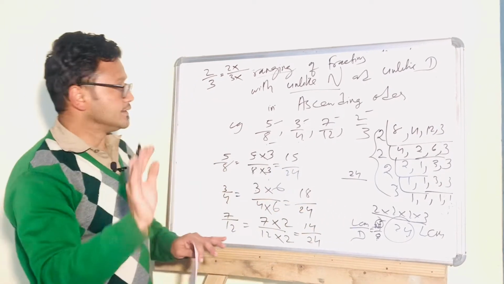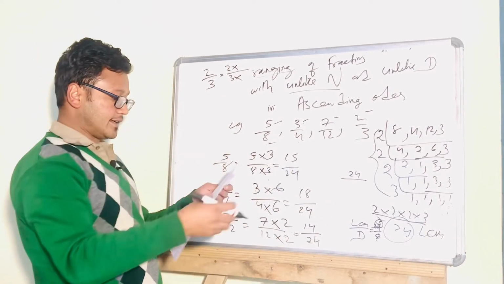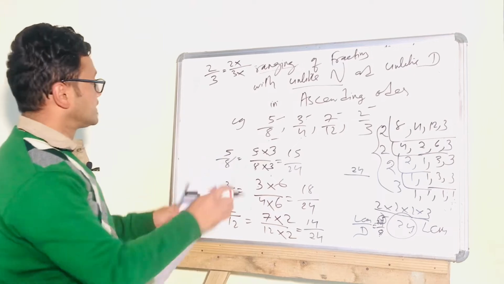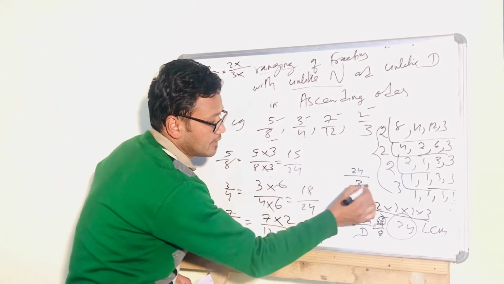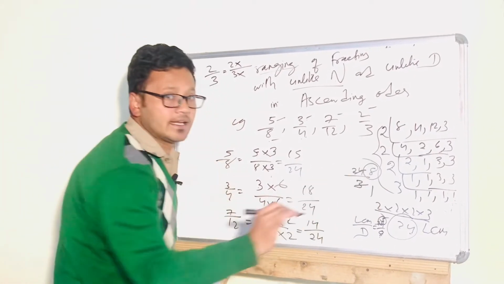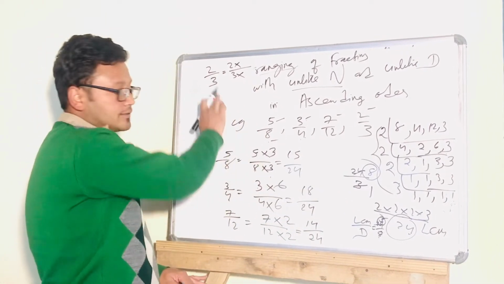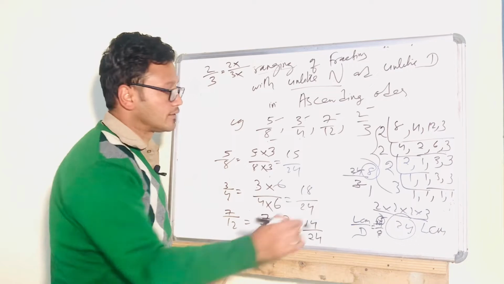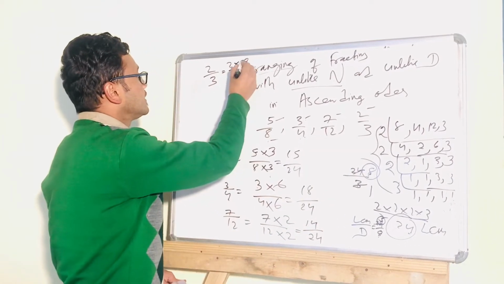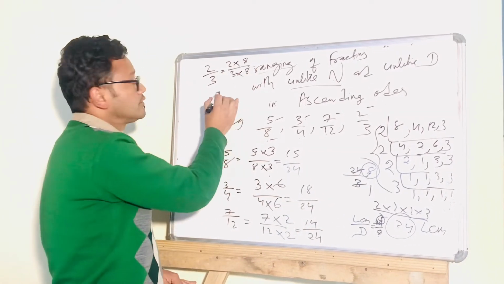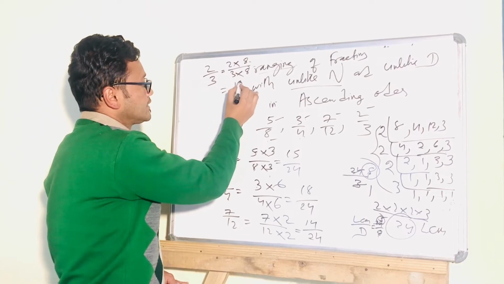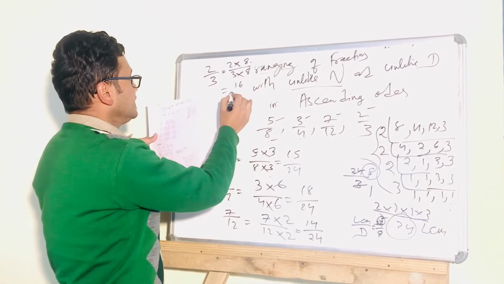Now the denominator is 3. 3 1s are 3, 3 8s are 24, so 8 is the answer. We are again dividing the LCM by the denominator. Write 8 here and 8 here, the same numbers. Now 2 8s are 16, 3 8s are 24.